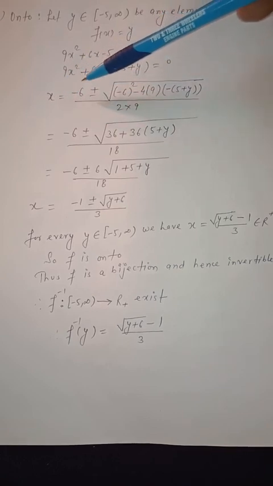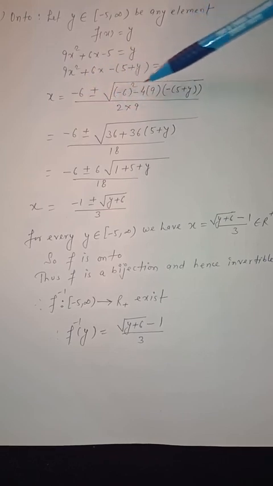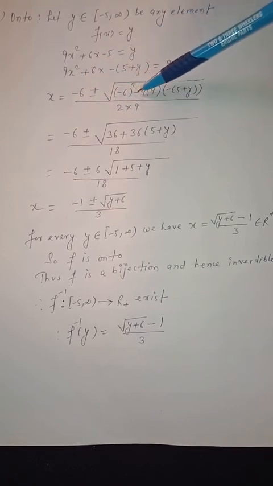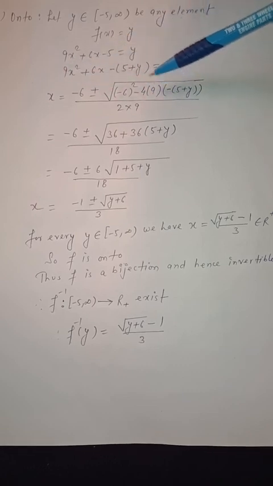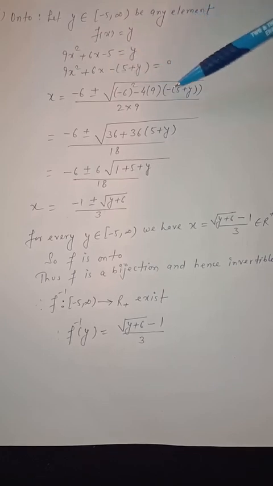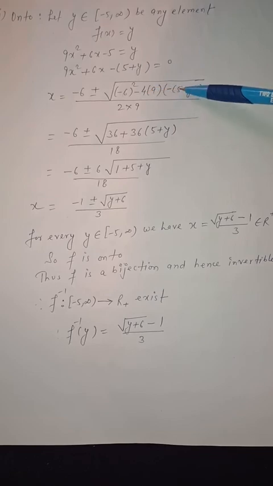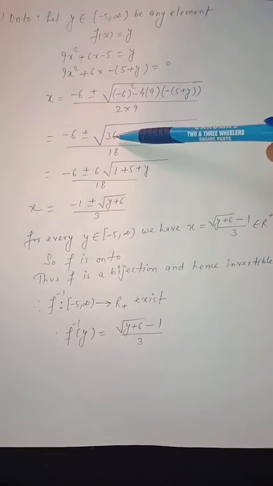So x is equal to minus b plus minus square root of b square minus 4 into a, which is 9, into c. So c will be negative of 5 plus y, so that's why I have written it in brackets. So this is multiplication actually. Now see, this is same, plus minus 6 square, 36.